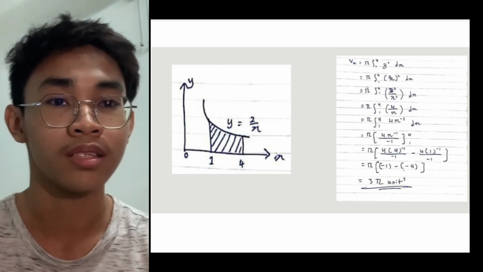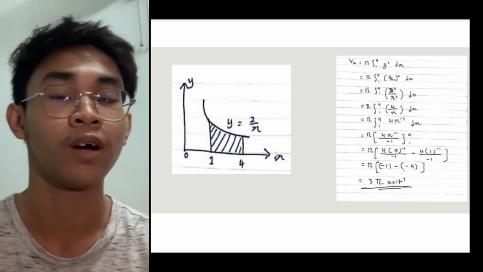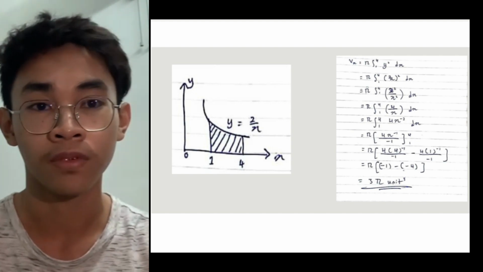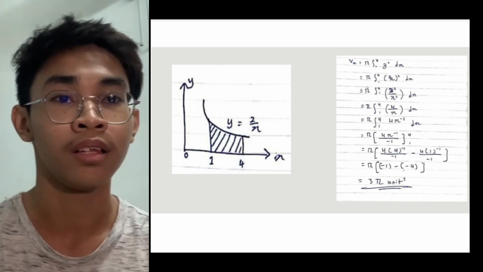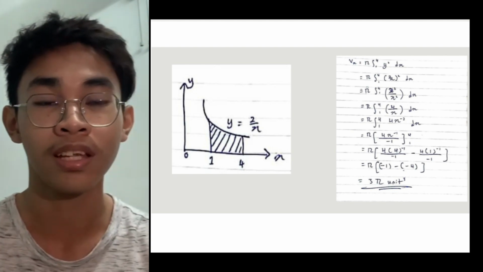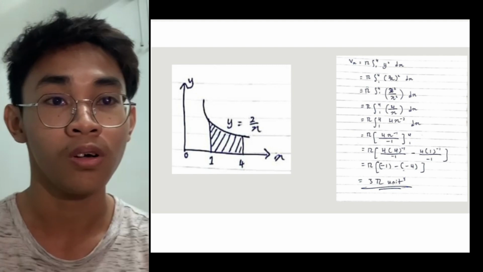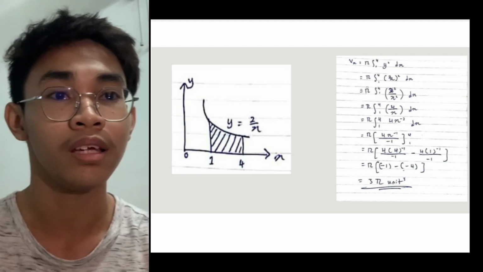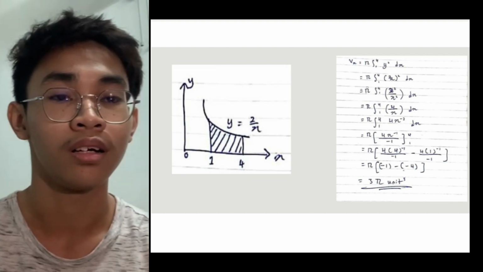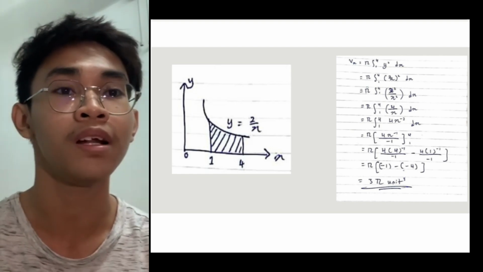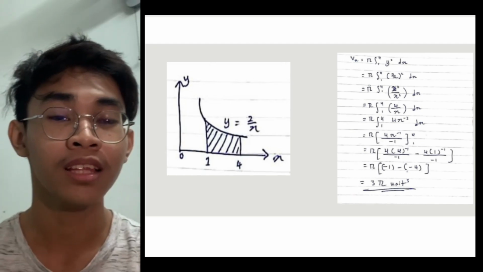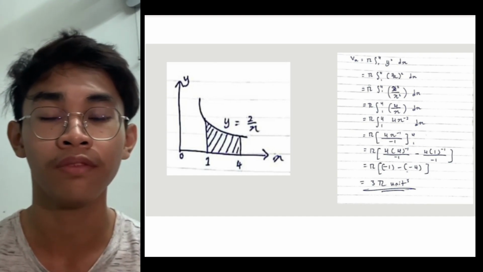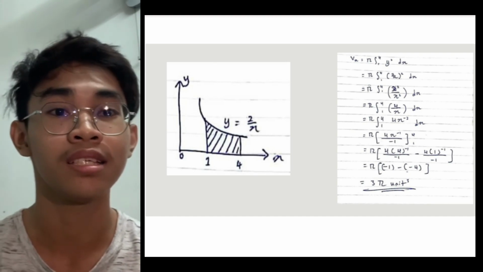Okay, the next step, for x to the power of negative 1 over negative 1, with upper limit 4 and lower limit 1, we use the formula, and the solution is 4 [4 to the power of negative 1 over negative 1] minus 4 [1 to the power of negative 1 over negative 1]. To find the final answer, we calculate [negative 1] minus [negative 4], and the final answer is 3 pi.